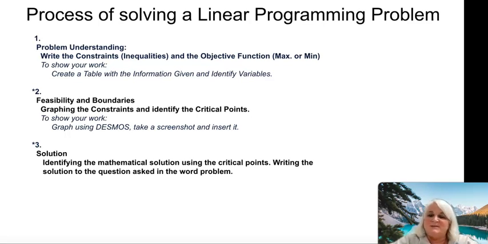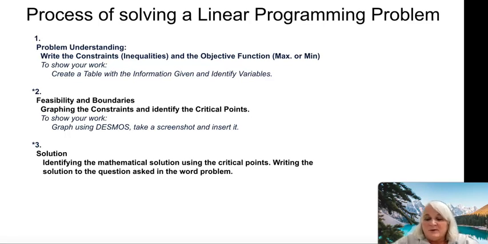You just really type in the equations, and it takes care of it for you. And then you have to identify the critical points. So you're going to see the feasible region, which we're going to talk about in this video, and then what the critical points are, because you use those critical points for your solution.